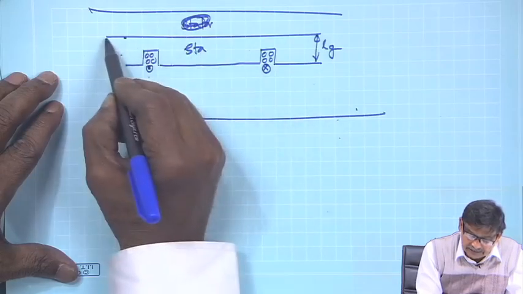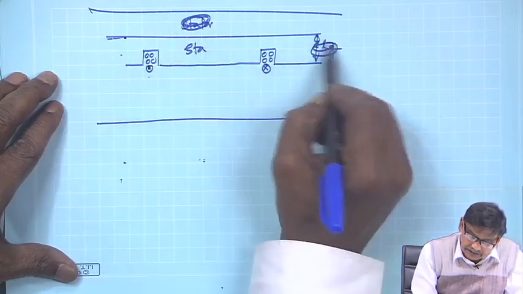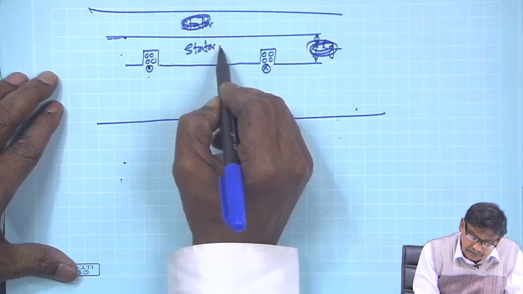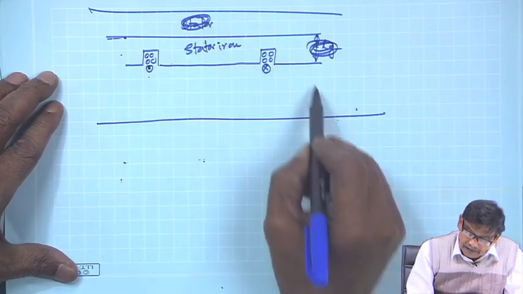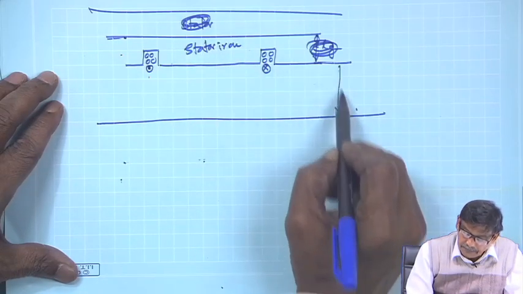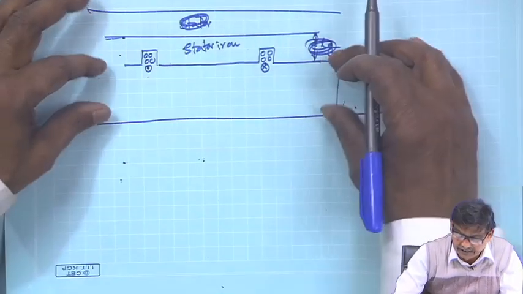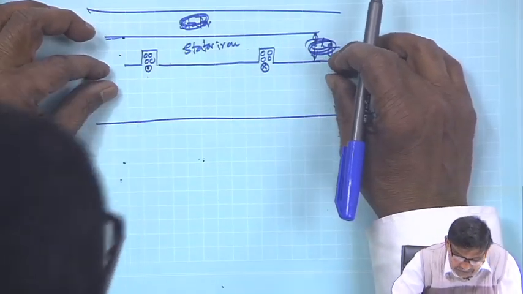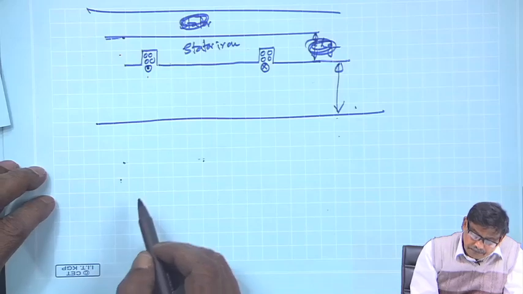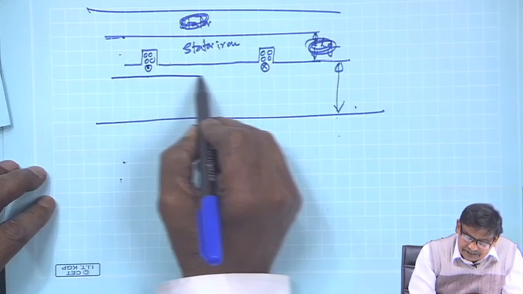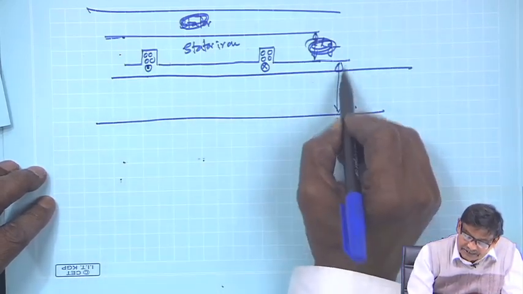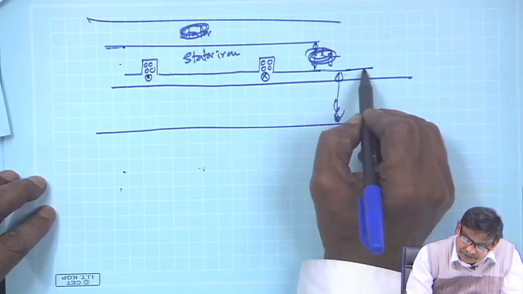stator iron, this is the outer thing, not this, this is LG, stator iron, and this is air gap. I have shown it on a larger scale, it is much smaller like this. Or let us show, this is the rotor iron, this is the air gap, understood.